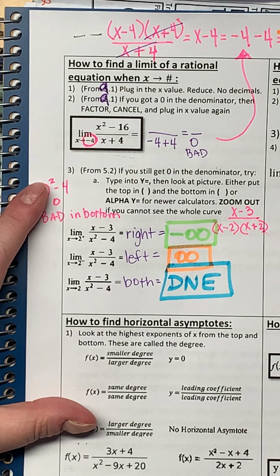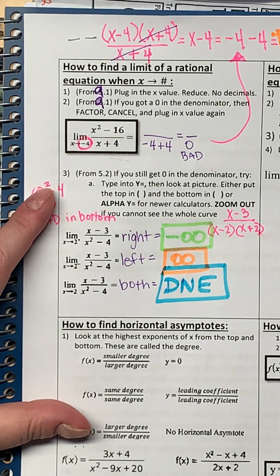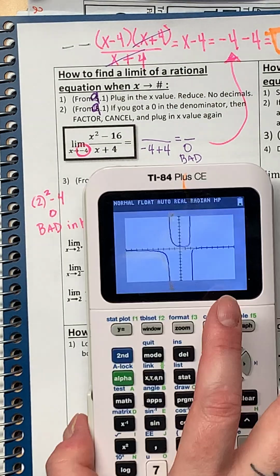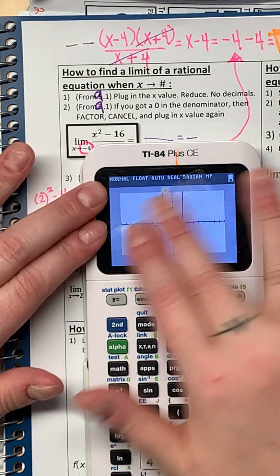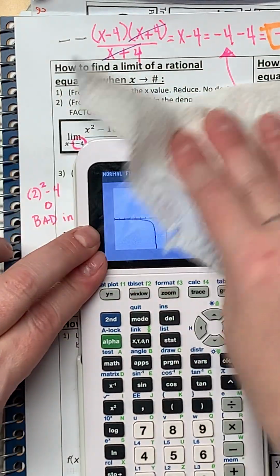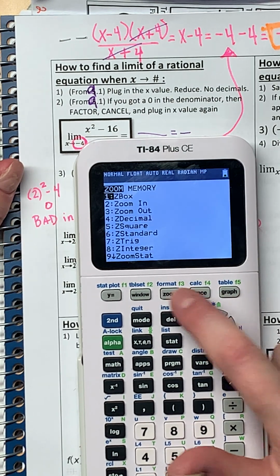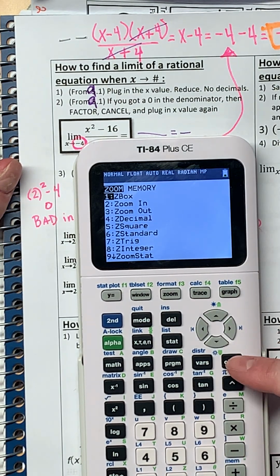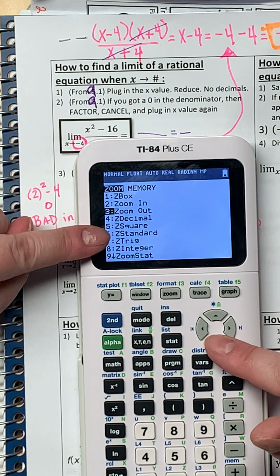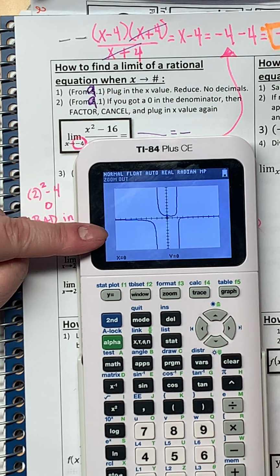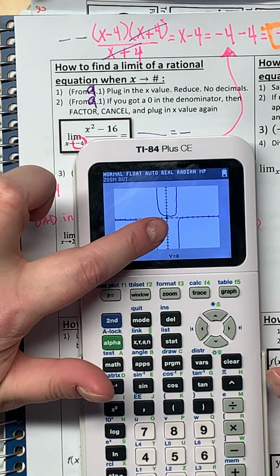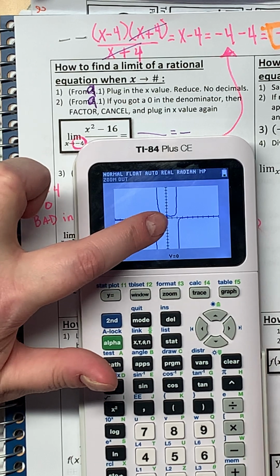Okay, let me show you how to zoom in or out. If you want to zoom in or out, you kind of already saw me, but you press zoom, and then you can press 3 for zoom out, and a little spider comes up that's blinking.